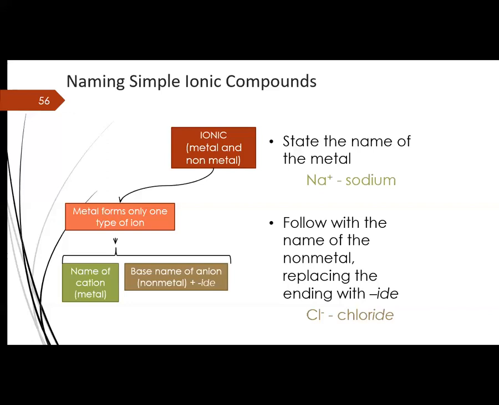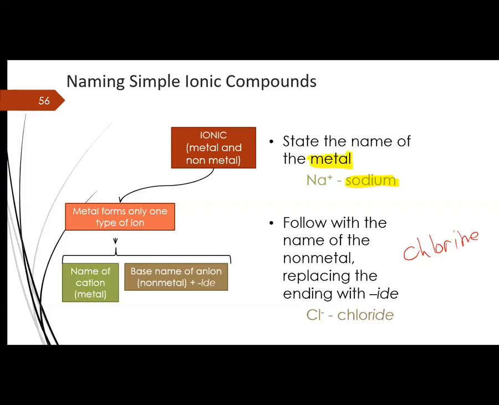Now, for ionic compounds, it's pretty simple. We start off with the name of the metal. So that goes first. So in something like NaCl, we start off with the Na, which is our sodium. And then from there, we go to name our anion, the nonmetal. Now, in this case, it was chlorine.